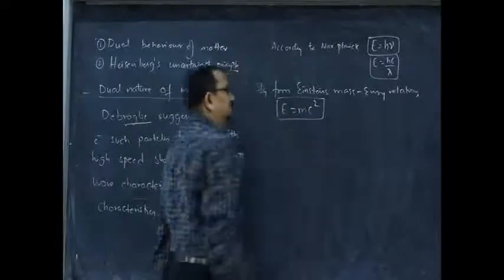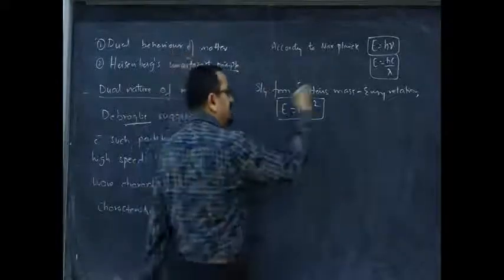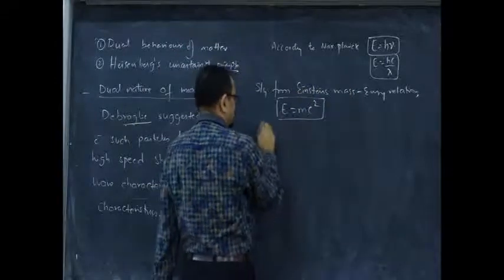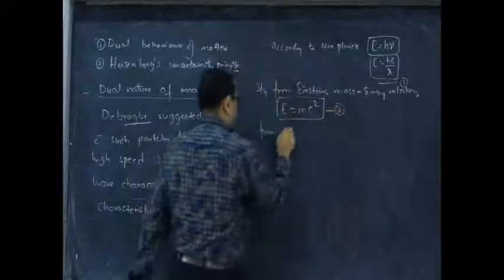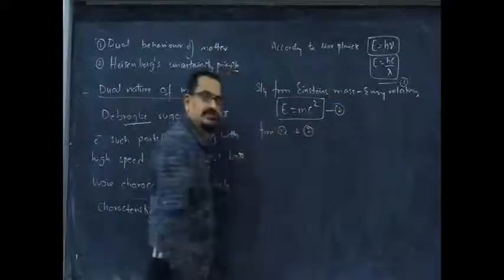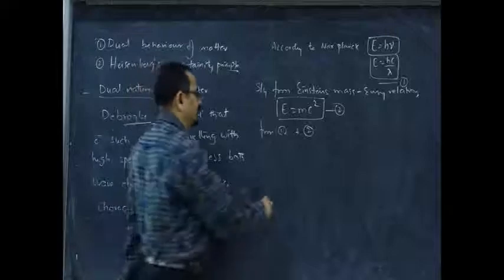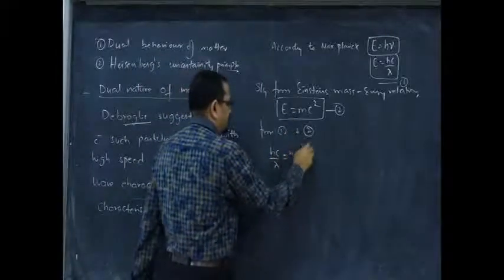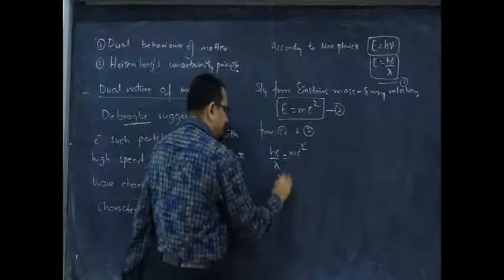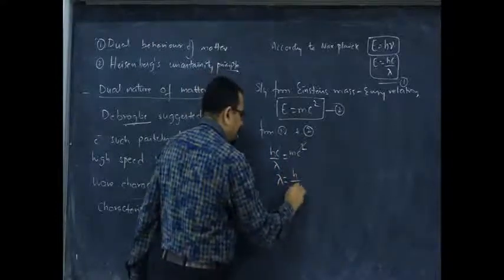From these two energy expressions, equating the right-hand sides of expressions 1 and 2, we have hc by lambda equals mc square. On cancellation of c, lambda equals h by mc.